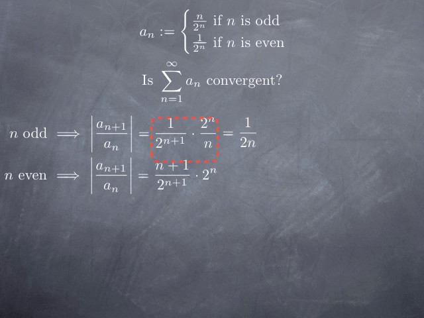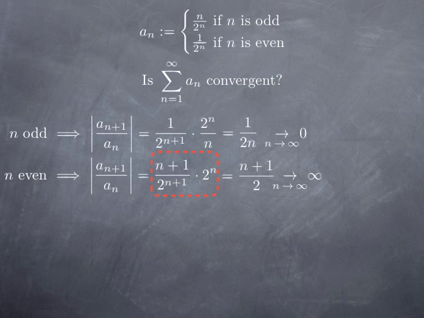And when n is even, we have 2 to the n over 2 to the n plus 1, that's 1/2, multiplied by n plus 1, so we get n plus 1 over 2. If we look at the asymptotic behavior, when n is odd and n goes to infinity, we have a ratio that goes to 0, and when n is even and goes to infinity, we have a ratio that goes to infinity.